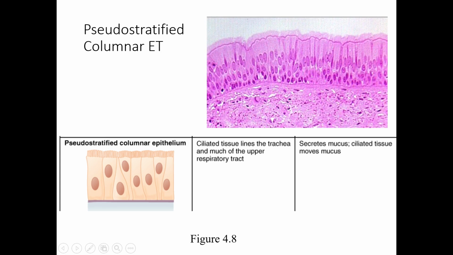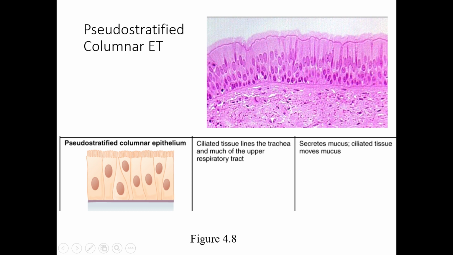Now we have a similar but not identical tissue. You can see that here is a basement membrane. Right here there is a free edge, and it looks like there are many layers of cells right here, but it's not true. Those cells are tall with tall nucleus, which means columnar, but if we look at this picture, you see that it's just nuclei that are sitting at the different levels.